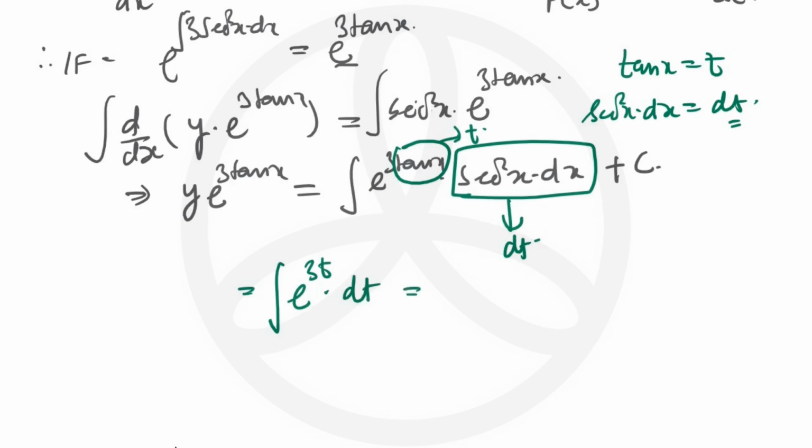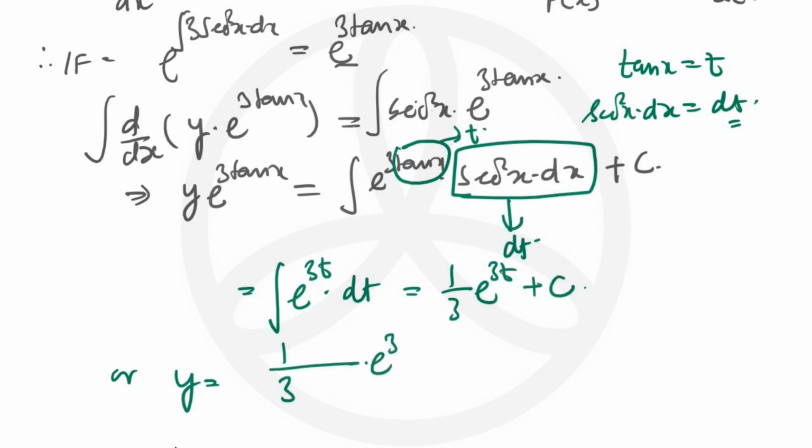And this is nothing but 1 over 3 e to the power of 3t plus c, or y is equal to 1 over 3 e to the power of 3t plus c, divided by e to the power of 3 tan x.